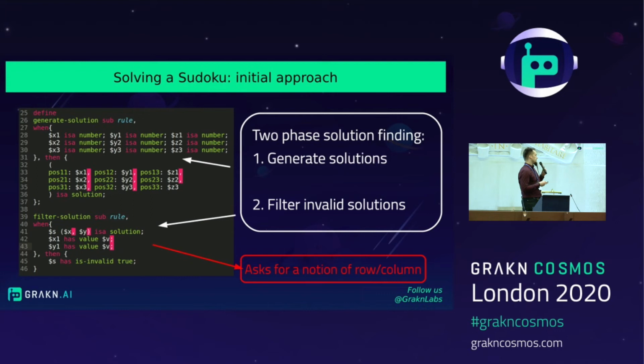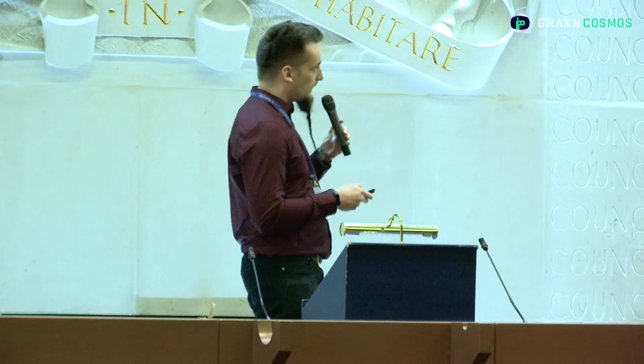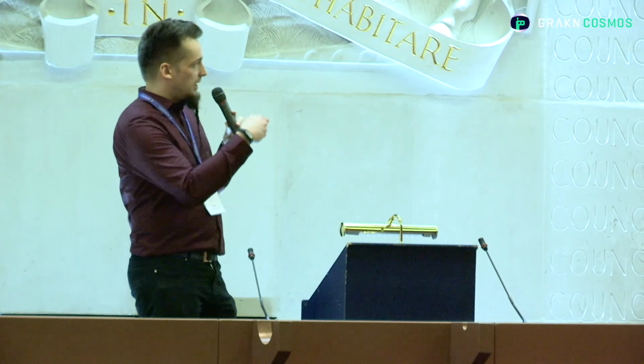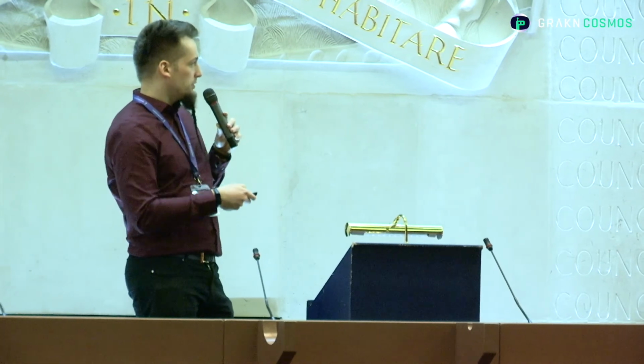We have the generative rule, which generates those grids of numbers and defines each as a possible solution. And we have a filtering rule, which says if there's a repeat, then we mark our solution as an invalid one. So this is the basic approach.